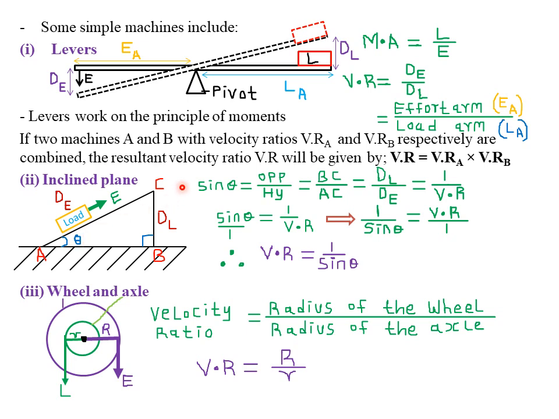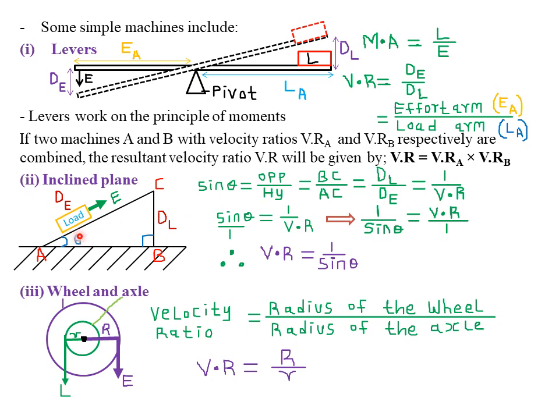So from mathematics, from SOHCAHTOA, we know that the sine of theta should be equal to opposite divided by the hypotenuse. In this particular case, if this is our theta, remember the opposite side is the side directly in front of your angle.